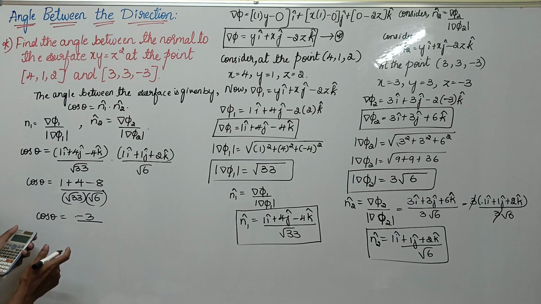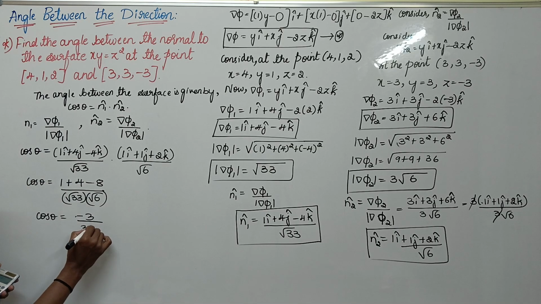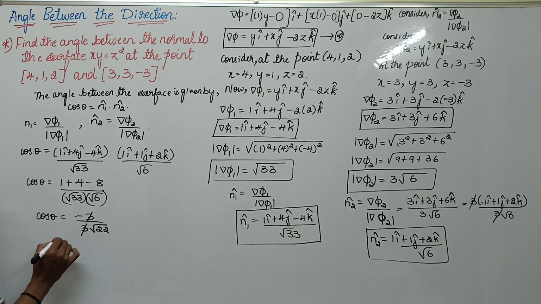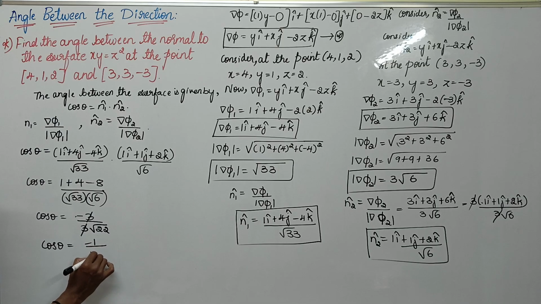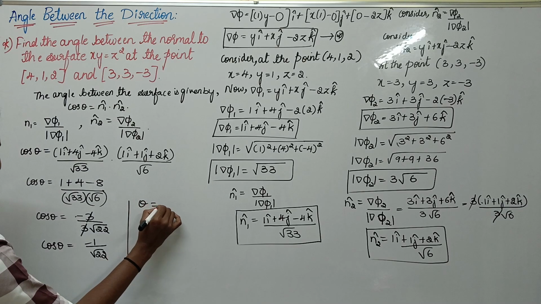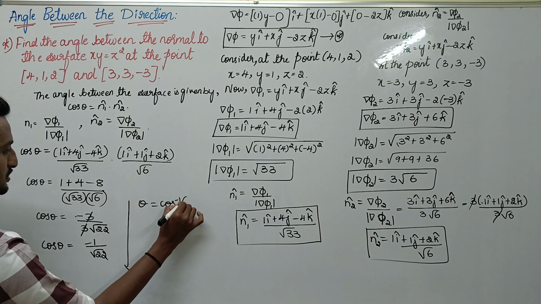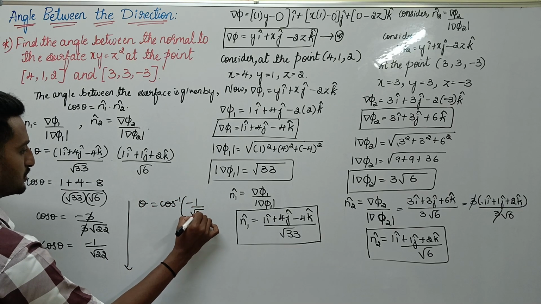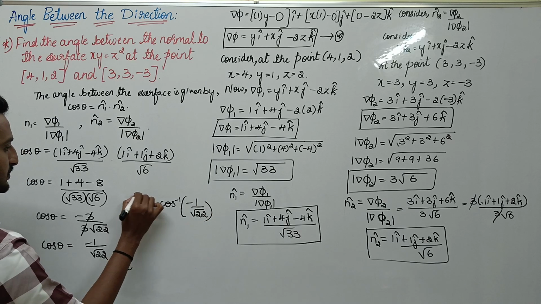You get 3 root 22, where the 3s get cancelled. Cos theta is equal to minus 1 by root 22, so theta is equal to cos inverse of minus 1 by root 22.